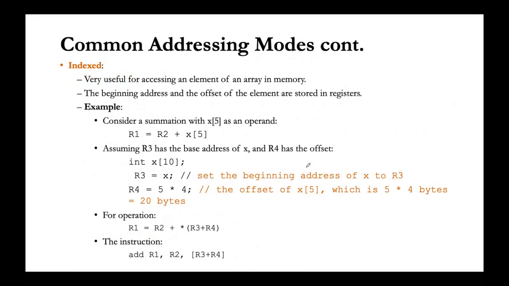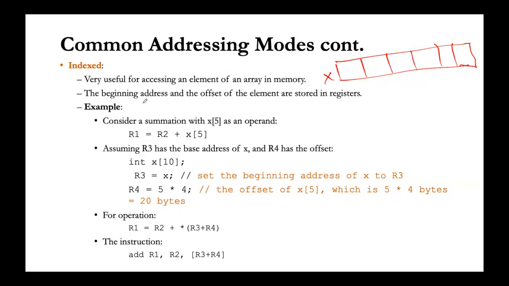Then comes the indexed addressing mode. In the indexed addressing mode, it is very useful for accessing an element of an array in memory. Generally when you are arranging the elements in an array, it may be a single dimensional array or a double dimensional array. It will be represented with the name and the number of elements in it.